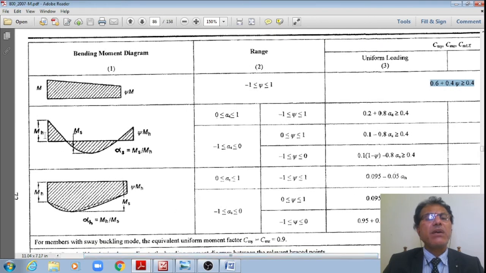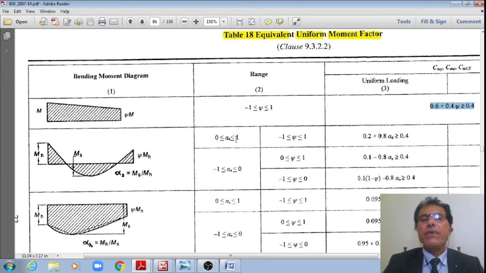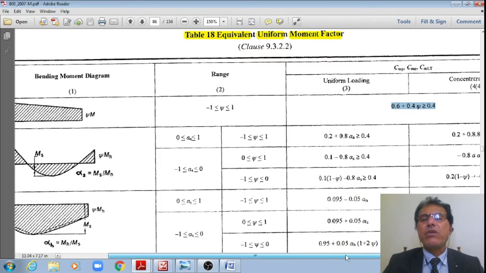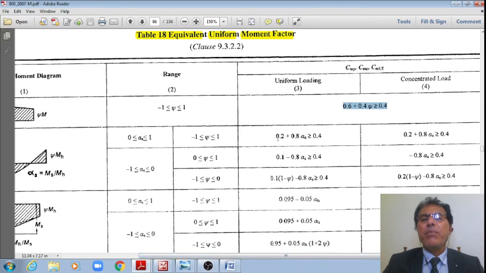For other bending moment diagrams, varying from Mh to psi Mh at the other end with change in curvature, where alpha s is equal to Ms divided by Mh, then for the different ranges, with alpha s greater than or equal to 0 and less than or equal to 1, and psi greater than or equal to minus 1 and less than or equal to 0.5, for uniform loading, Cmy, Cmz and CmLT should be taken as 0.2 plus 0.8 multiplied by alpha s.